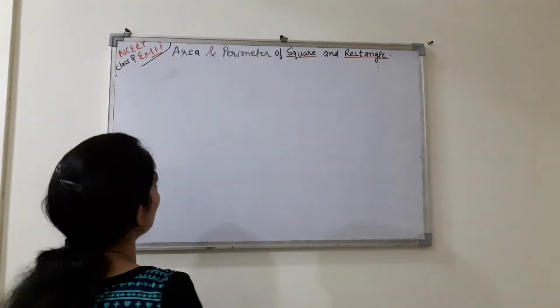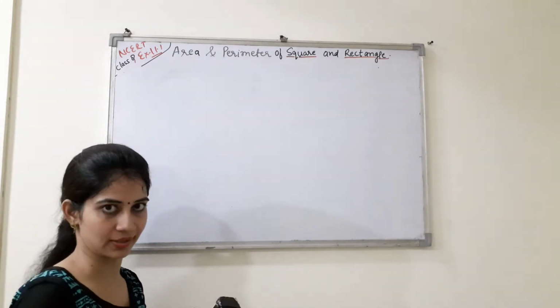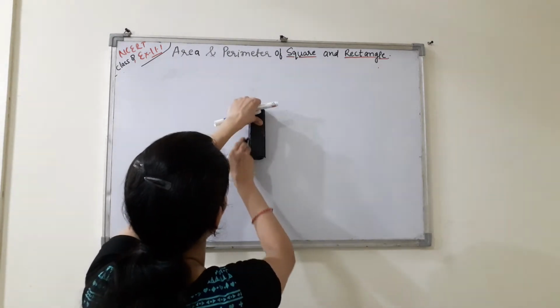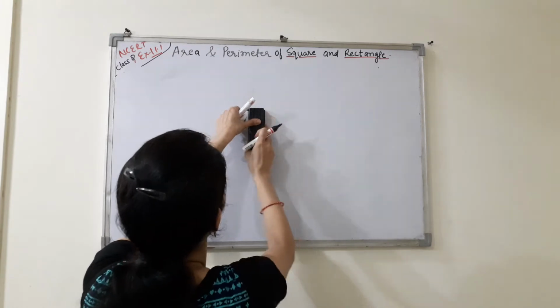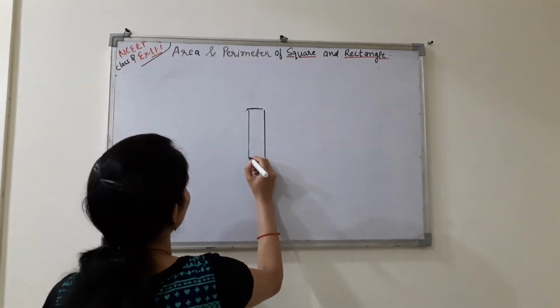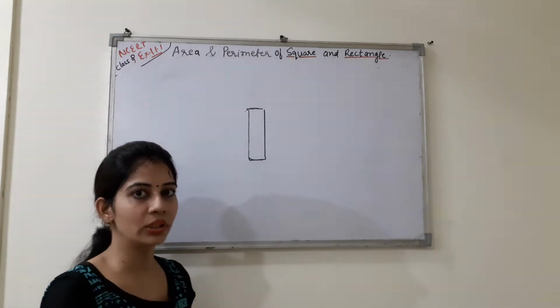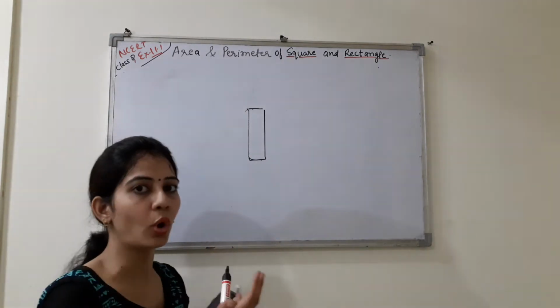Suppose I'm taking the example of this duster. So this is the duster. Now I'm putting this duster on this board, right? If I'm talking about the area of this duster, what is that?